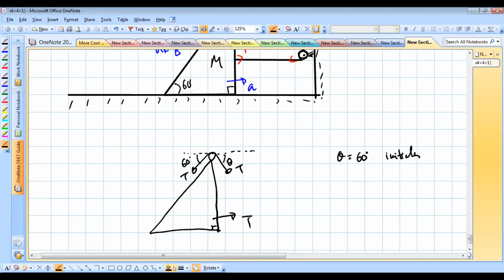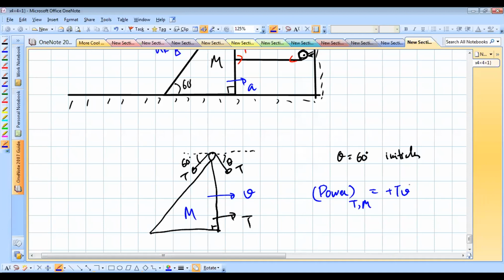At some point of time, if the wedge is having an instantaneous velocity v, then the power delivered by tension on the wedge, on capital M, is plus T into V at this point.